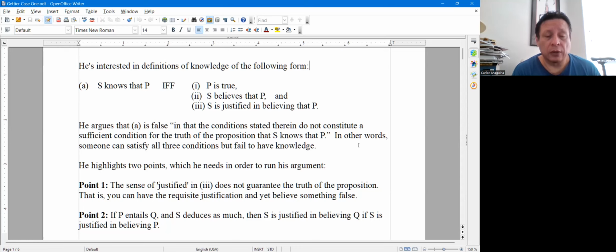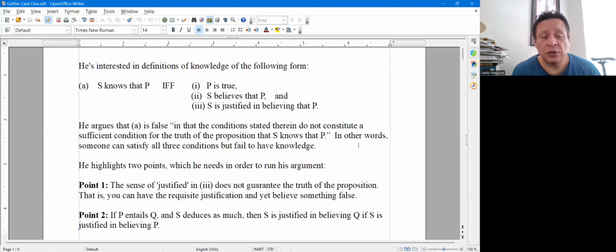Now, to run his argument, he wants to establish two features of JTB, or two features of knowledge that he thinks are applicable, and it's going to help him generate his counterargument eventually. Point 1: the sense of justified in the third criterion, the justification requirement, does not guarantee the truth of the proposition.